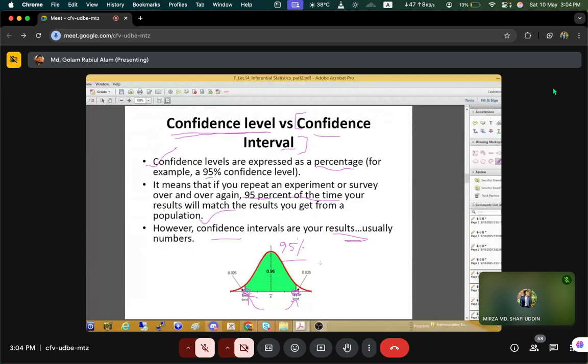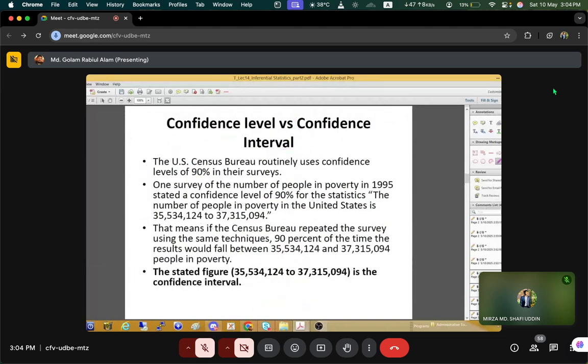Here is an example: the US Census Bureau routinely uses a confidence level of 90%. Let's say for the population in poverty in 1995, with a 90% confidence level, the number of people in poverty in the United States is between this lower limit and this upper limit.